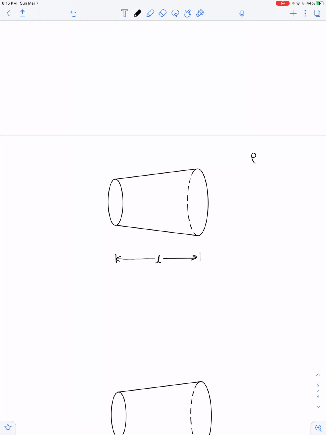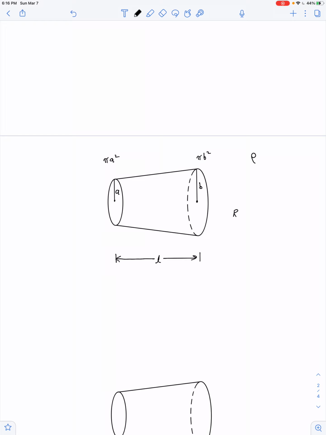But as far as the cross-sectional area, one end, we'll say, has a radius of A, and the other end has a radius of B. So the cross-sectional area on this side is pi A squared, and at the other end it is pi times B squared.